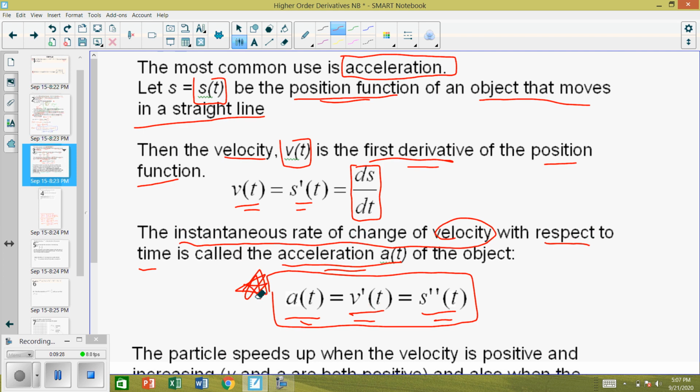I want you to think about acceleration. We all know what acceleration means. Think about literally accelerating in the car. If you put your foot on the pedal, you are accelerating. What that means is you are increasing the rate at which you are changing your rate of change. Does that make sense? So velocity would be like 32 miles per hour.